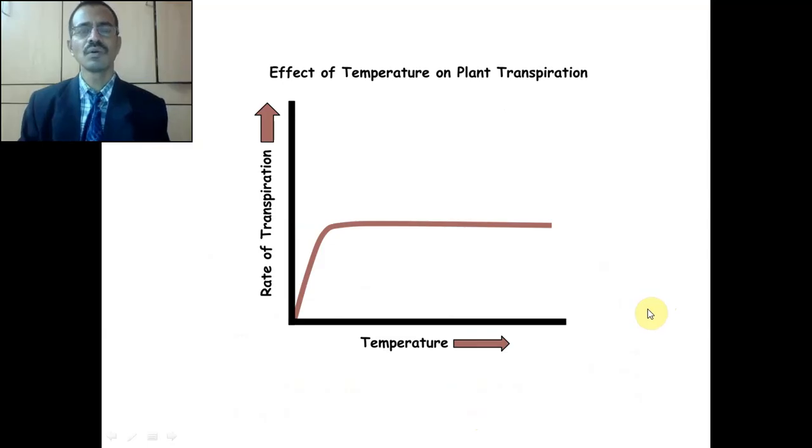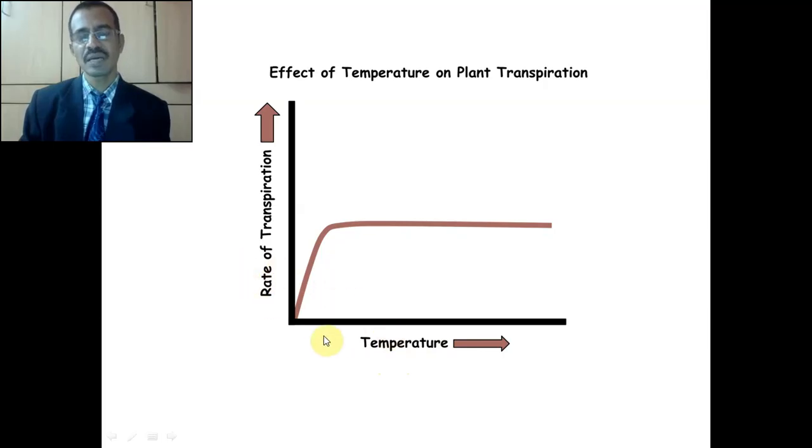So now we see the different factors which influence transpiration. Here we find the increase in the temperature is proportional to the rate of transpiration. How the temperature influences the rate of transpiration: both are proportional.